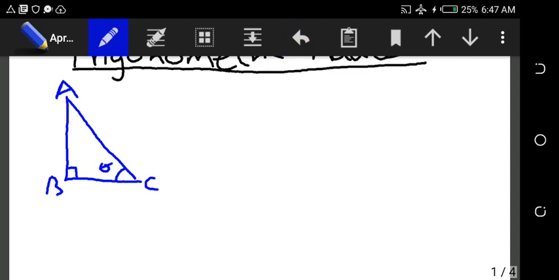Now, that will lead us to the popular acronym SOHCAHTOA. That is an acronym that will always help us to remember. Let me write it very well.